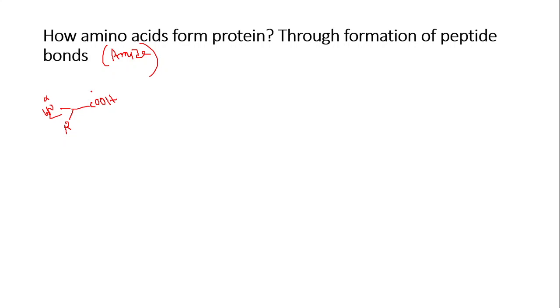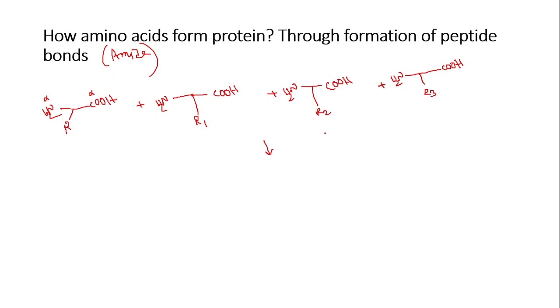This is the alpha amino and this is the alpha COOH, and it is reacting with another amino acid, NH2 R1 COOH, which is reacting with another amino acid, NH2 R2 COOH, which is reacting with another amino acid, NH2 R3 COOH. Let's see what happens, and how they form the protein.